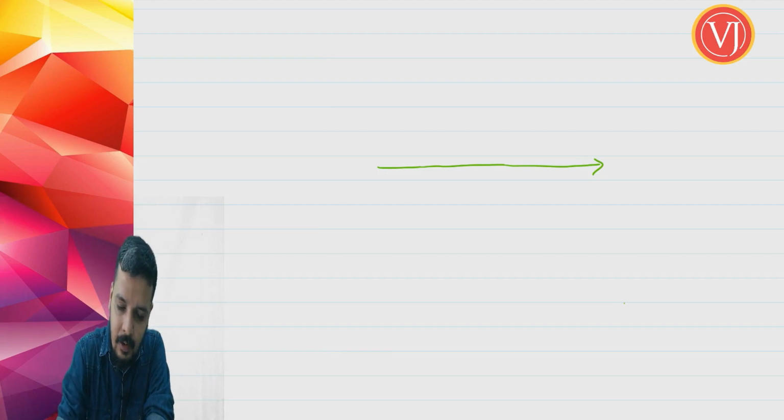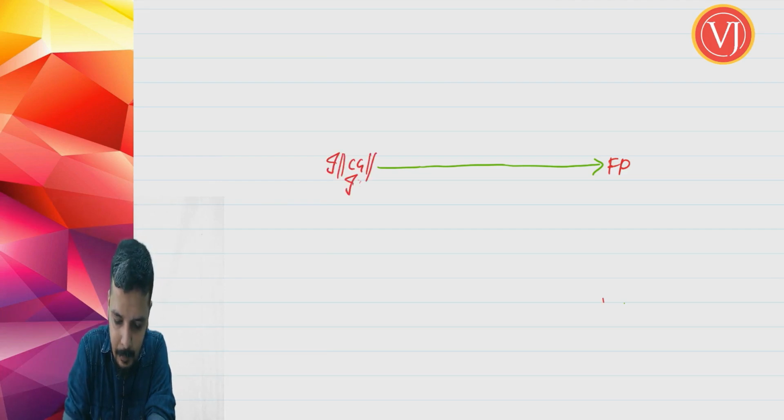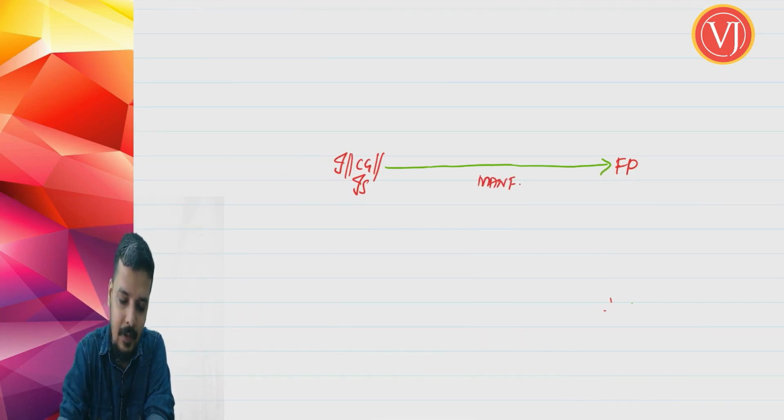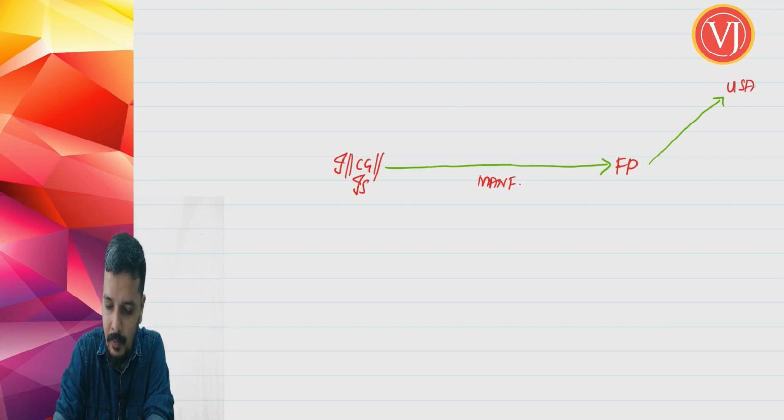You are talking about your final product, and you have used some inputs, capital goods, even input services, including input services for manufacturing your final product, which is exported, say, to USA.